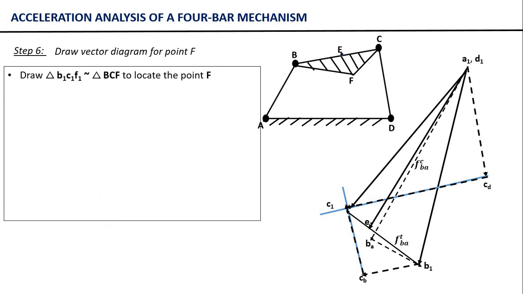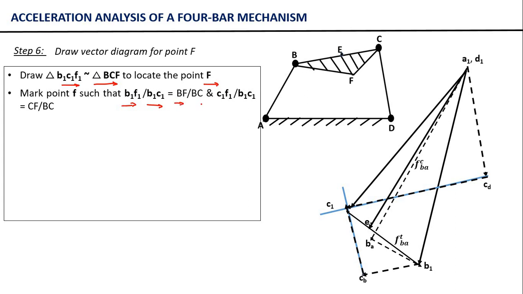The triangle B1C1F1 should be similar to triangle BCF to locate the point F. The smaller triangle B1C1F1 is the triangle in the acceleration vector diagram, and the larger triangle BCF is the triangle in the configuration diagram. These two triangles should be similar. From here we conclude that B1F1 divided by B1C1 is equal to BF by BC, and C1F1 divided by B1C1 is equal to CF by BC.